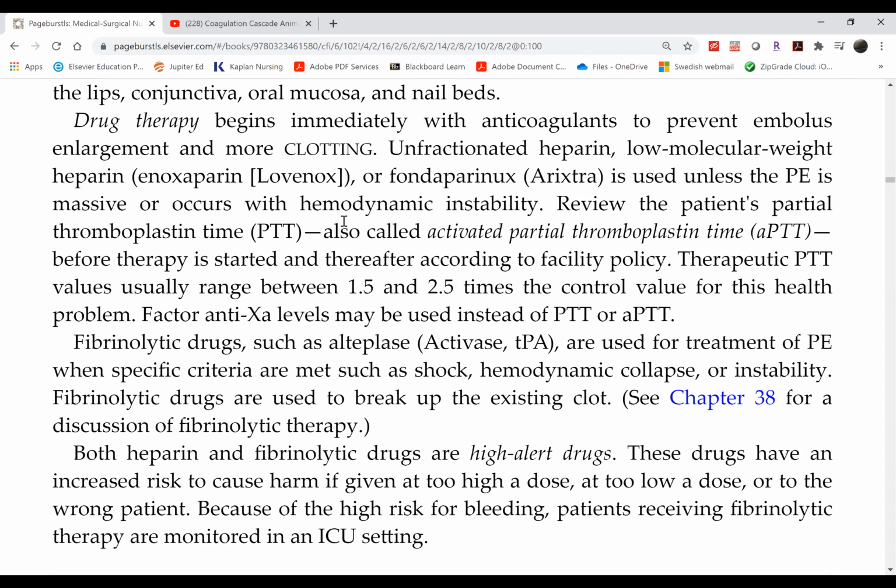Therefore, no further clot formation as soon as you give it. However, you have to maintain the drug though because unfractionated heparin has a low half-life. That's why it is given in a continuous infusion.